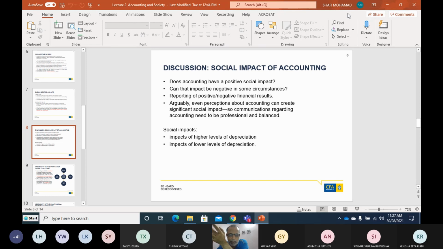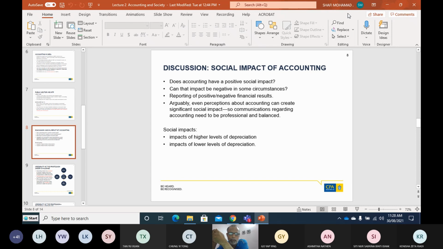This is where the ethical dilemma comes in. I want to keep my job, so I have to think. Okay, this is a negative result. Maybe the public may not look upon this favorably. Could impact on me. Maybe I might lose my job. All these things start playing in their mind. Okay, so this is what we mean by social impact of accounting. Social comes from the root word society.